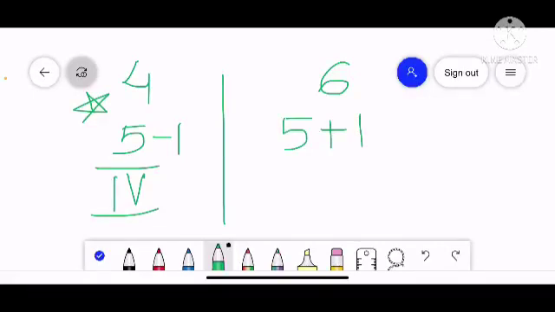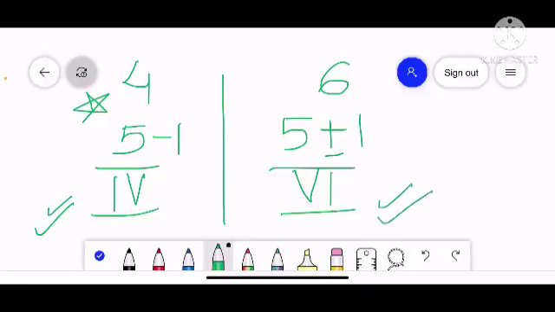Write the symbol V, and I, the symbol for 1, but plus sign is there in between. It means according to the rule we are going to write towards the right side. So IV and VI is the Roman numeral for 4 and 6 respectively. But as you can see, we have used the same letters, but the position of I says what we are exactly doing, whether we are subtracting or adding.